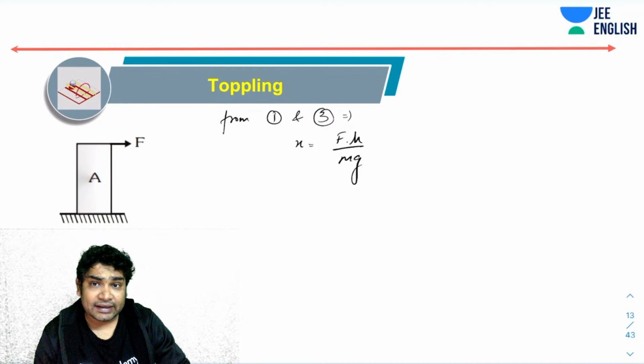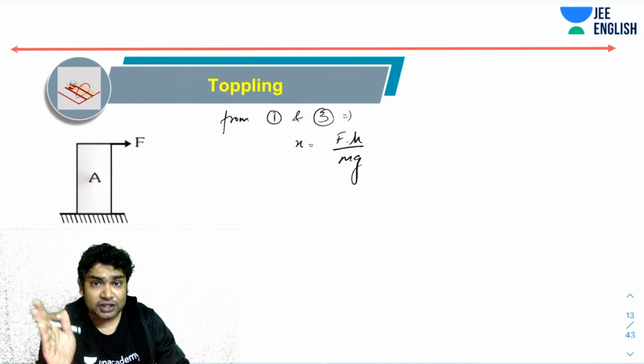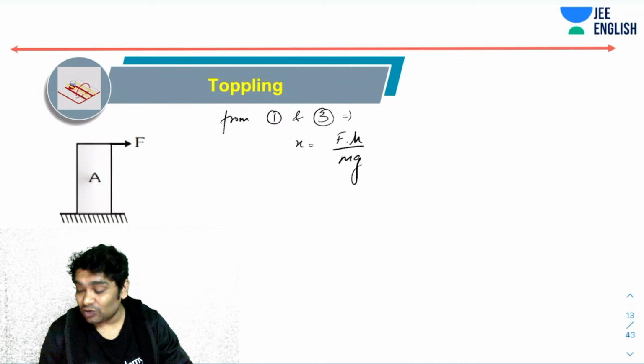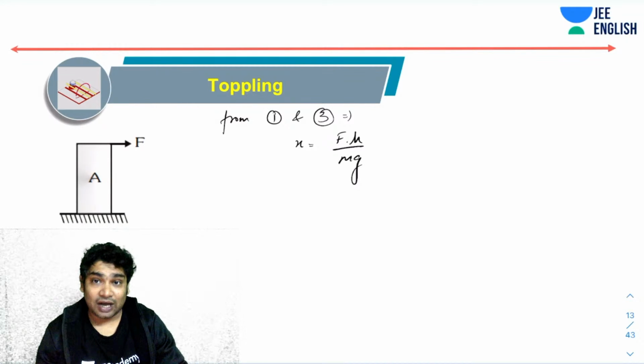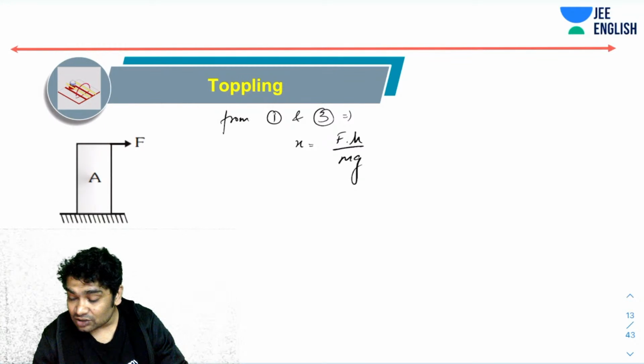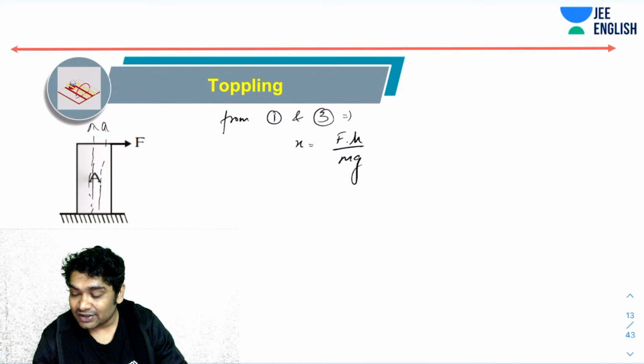As you keep on increasing your F, the N goes on shifting. What is happening is that as you are increasing your F, or you're increasing your height, by the way, the N starts to shift. Initially it was like this, then it shifts here, and if you keep on increasing, it shifts here. But what you realize is that it cannot shift beyond this.